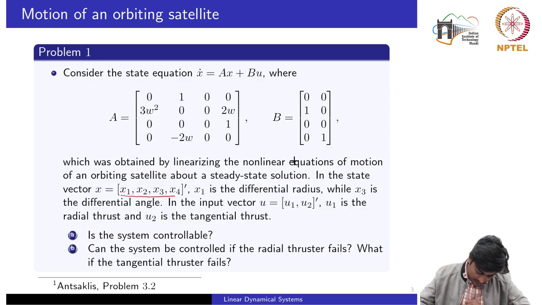This problem was taken from the book Encyclis, problem 3.2. This book was also put into one of the reference books, so if you want to go through other problems, you can take a look at it.